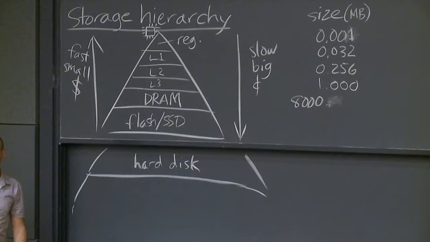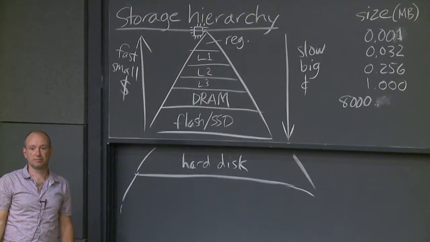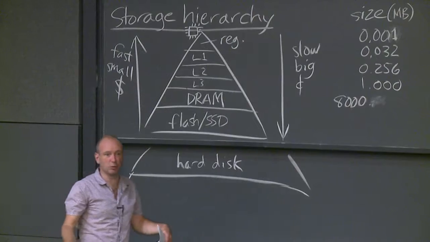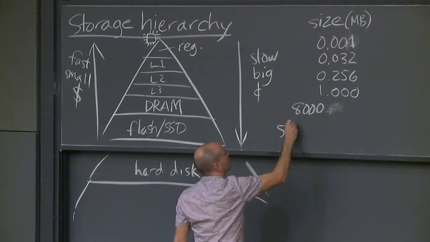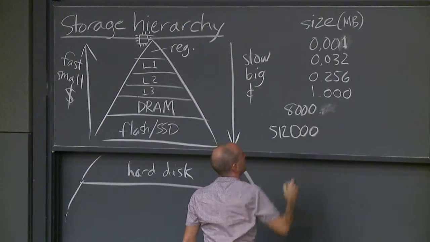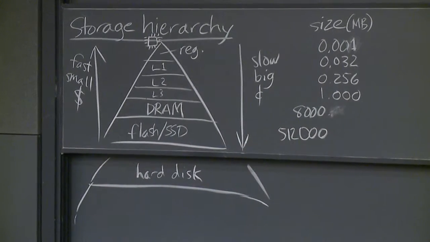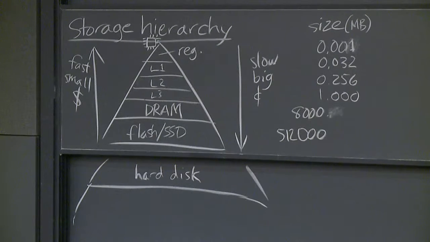About how big is a typical flash or SSD? Like 256 gigabytes, 512 gigabytes. If you really got money, you might get a terabyte. And on a hard disk nowadays, you're probably going to get at least 2 or 4 terabytes.